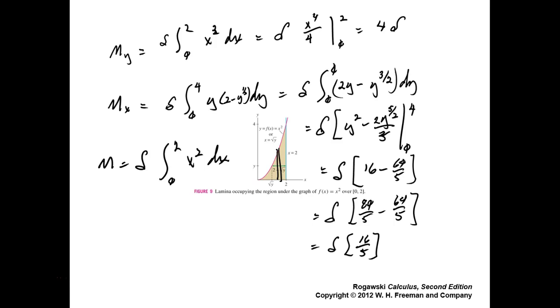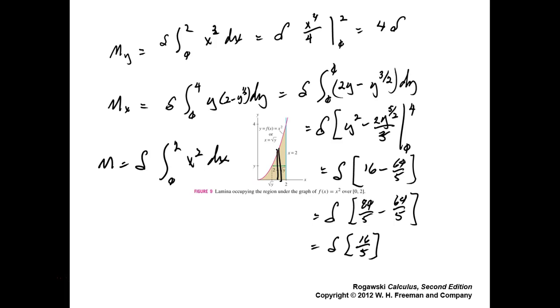So this first one up here is how far you are from the y-axis. That's the moment with respect to the y. Is that mass times how far you are from that, right? It's your mass times the x displacement of the mass, which is how far from the y-axis you are. So that's why you had the extra x in here. And on this one, you're having to go this way.